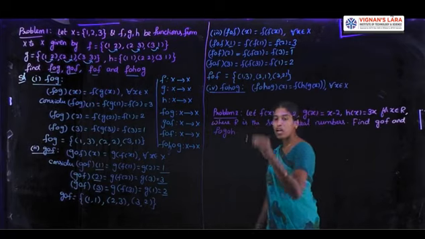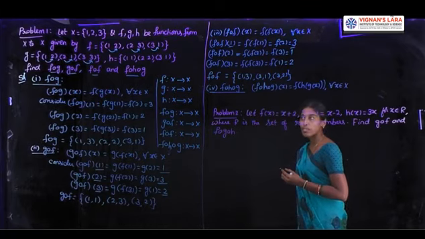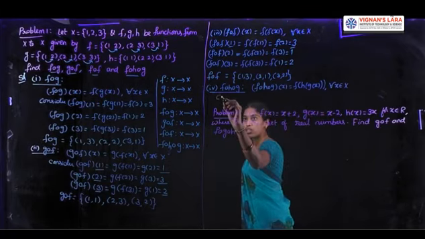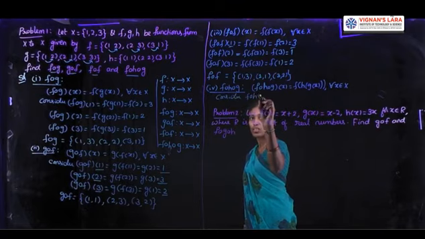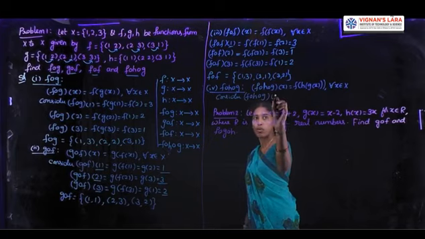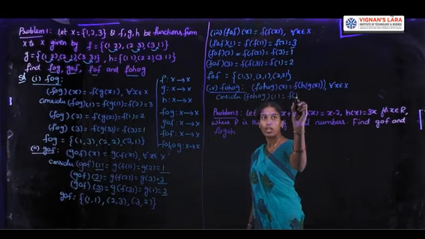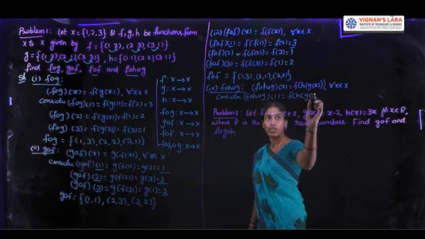So first we start with the first element of set X, which is 1. So consider F circle H circle G of 1 is equal to F of H of G of 1.